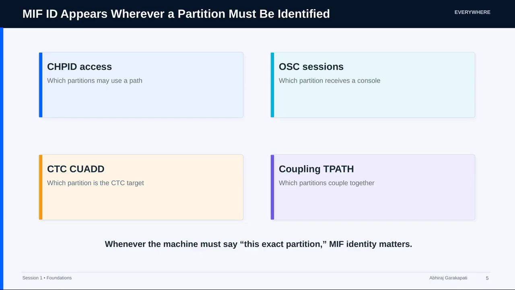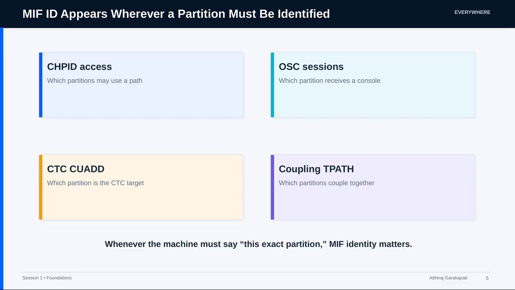A MAF ID becomes valuable when many partitions exist, and the configuration must refer to one of them precisely. The source prompt shows several examples. A CHPID access definition needs to know which partitions can use the path. An OSC session needs to reach the right console owner. A CTC definition needs a target partition. Coupling definitions connect specific partitions.